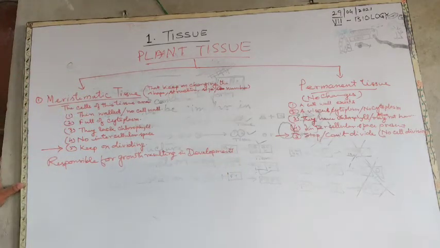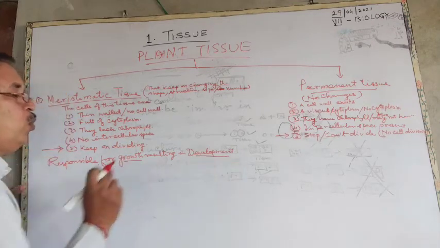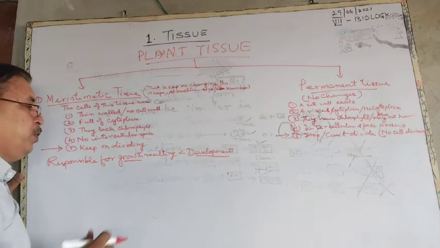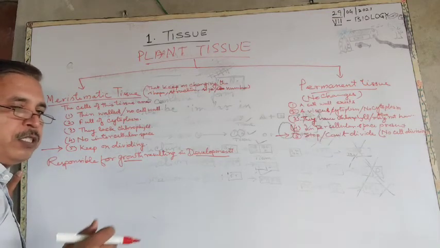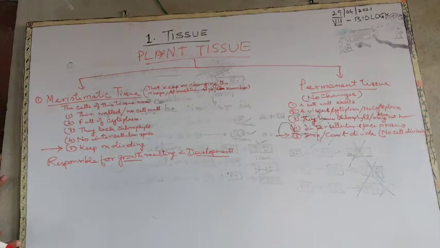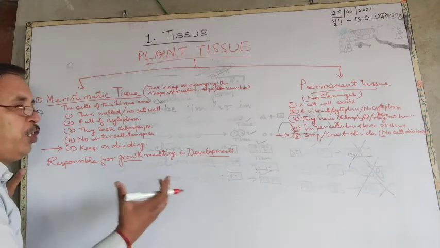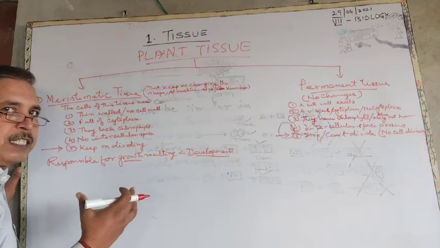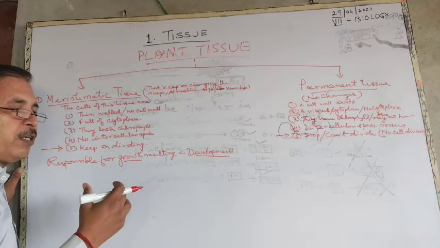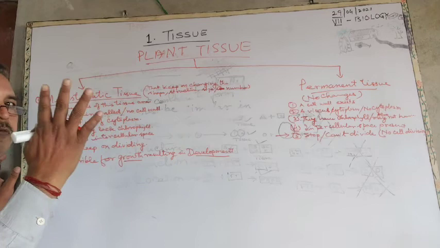Dear students, you should not confuse these two words, growth and development. These are two different terms. Out of many years of my experience, I noticed that as these two words are used together, many of our students remain confused. Growth is just adding more and more number of cells, adding constituting material. Suppose one cell divides, it will form two cells. Two cells will divide, they will form four cells.